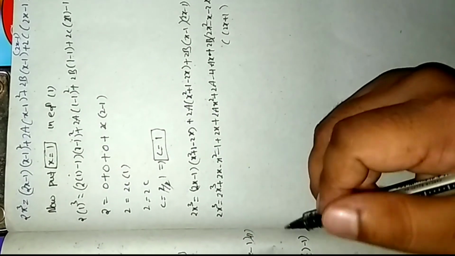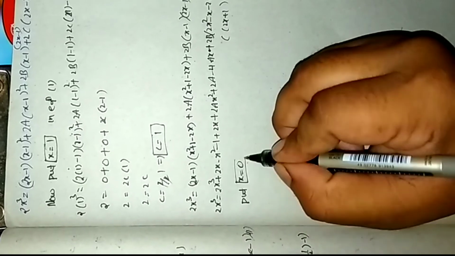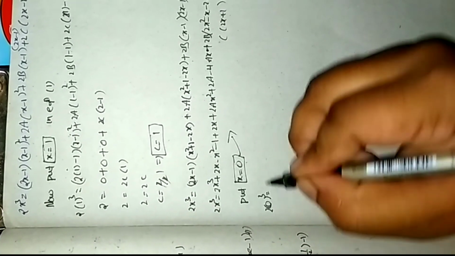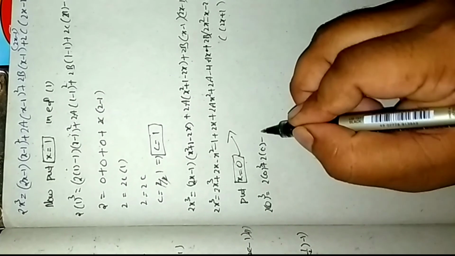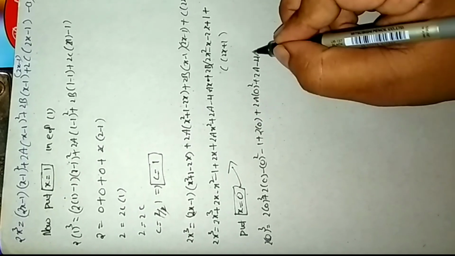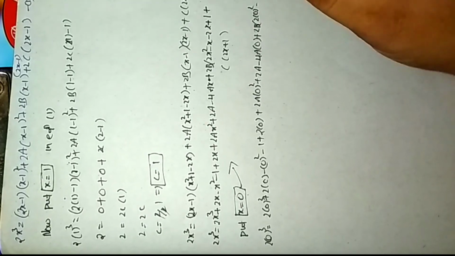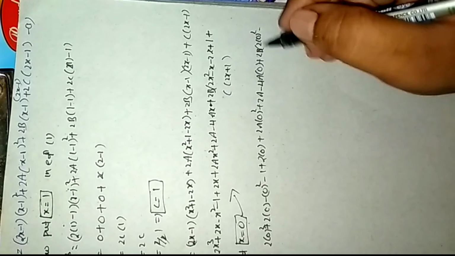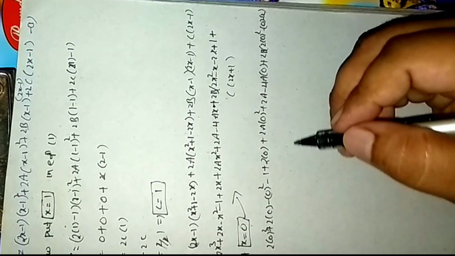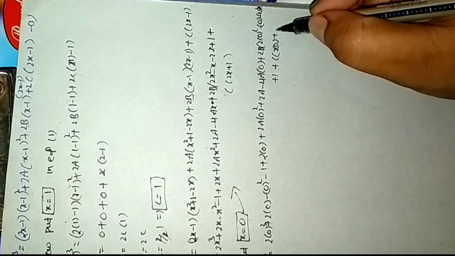And now put x is equal to 0 in this. Okay, 2 of 0 cube is equal to 0 cube plus 2 of 0 minus 0 whole square minus 1 plus 2 of 0, plus 2a of 0 whole square plus 2a minus 4a of 0, plus 2b of 2 of 0 whole square minus 0 minus 2 minus 2 of 0 plus 1 plus c of 2 of 0 plus 1.